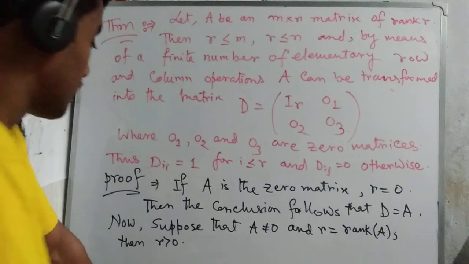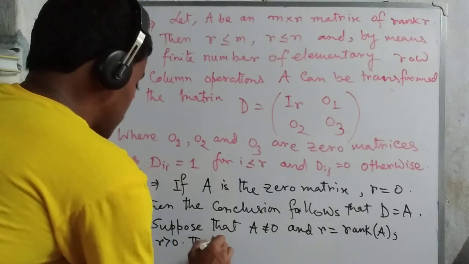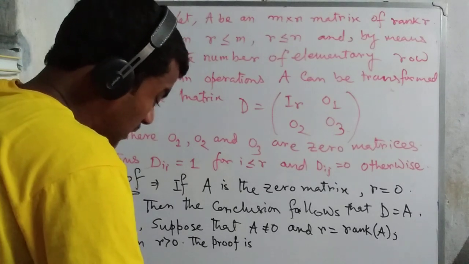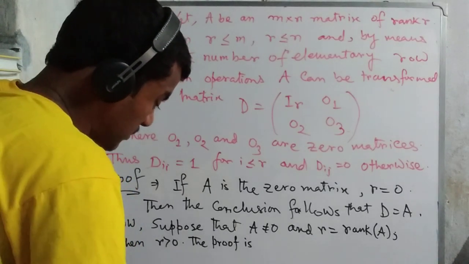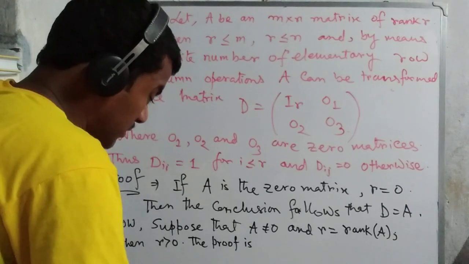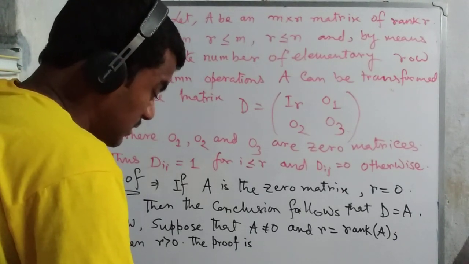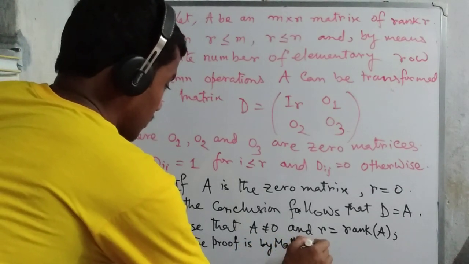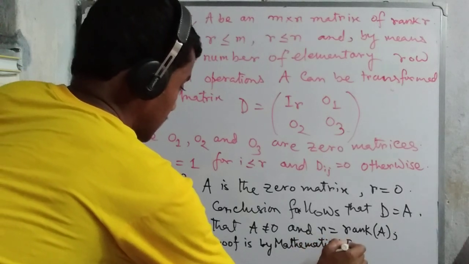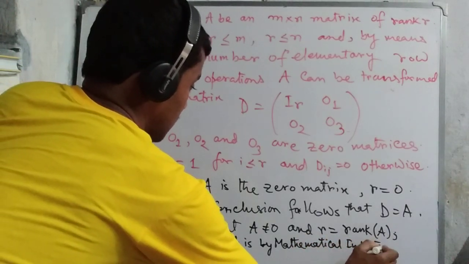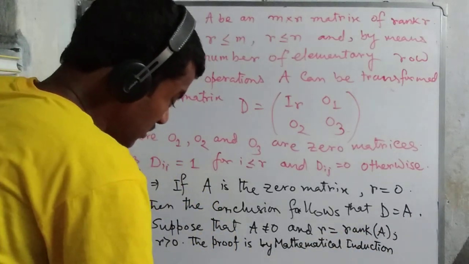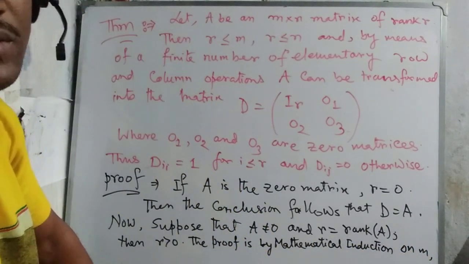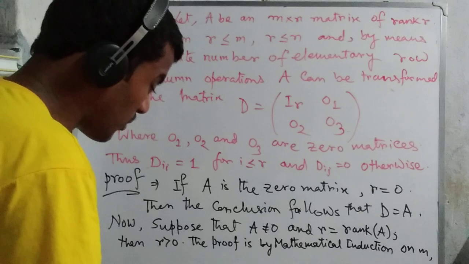The proof is by mathematical induction on m. Our m is what? m is the number of rows.